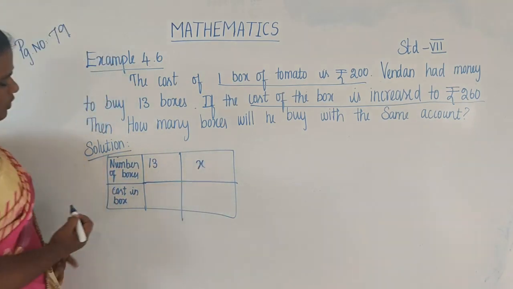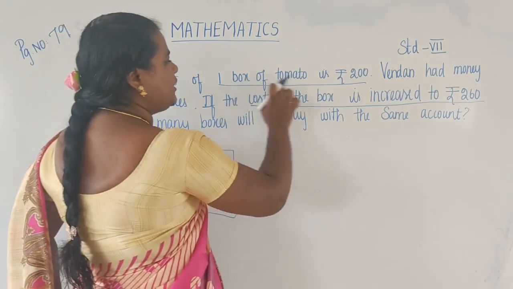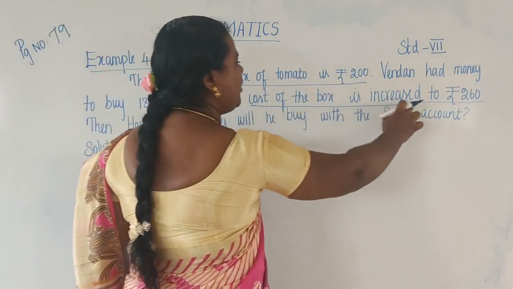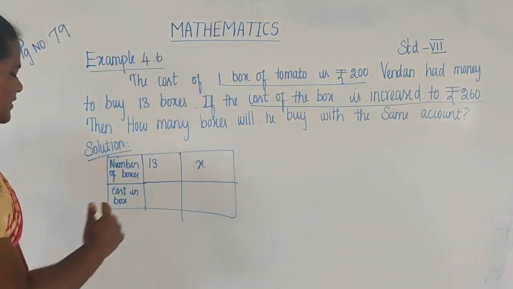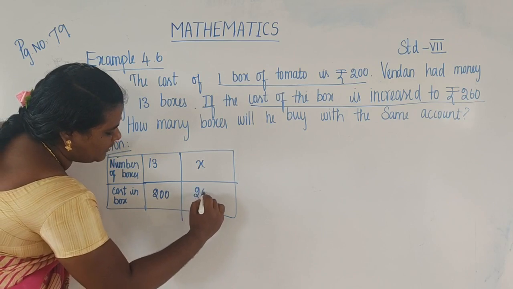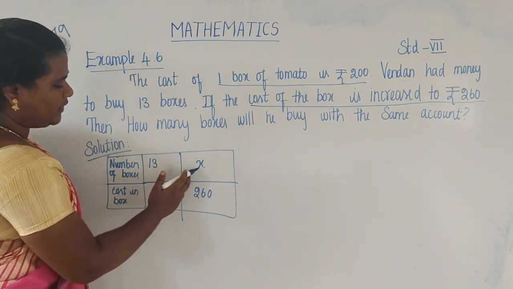Okay. Next is the cost per box. First, the tomato box is 200 rupees. Next, the increased amount is 260 rupees. So this one is increased, but this one is decreased.